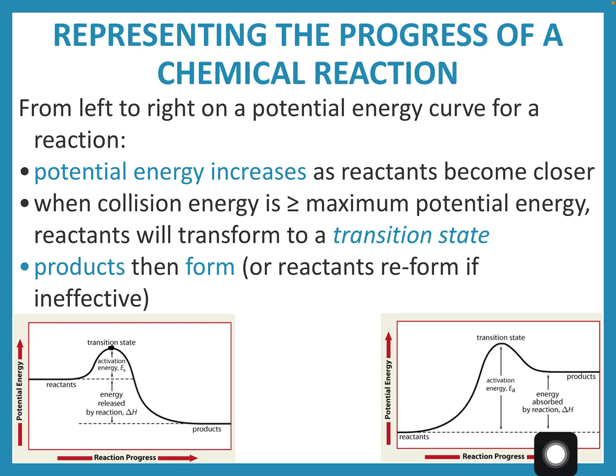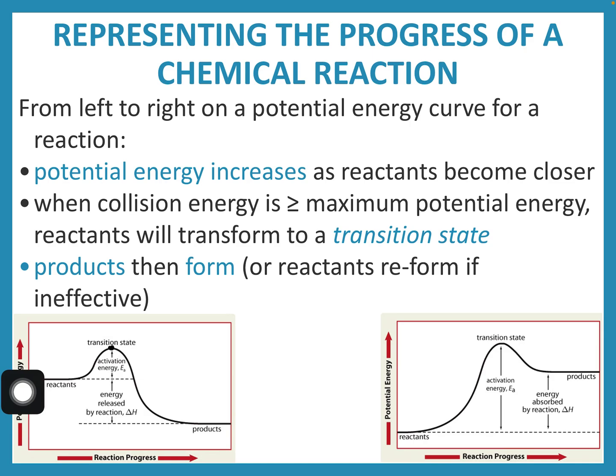In this case, the delta H is the difference between the products and the reactants. Here also, between products and reactants, the difference is that the activation energy here is the delta H plus the difference between products and the transition state, whereas here the activation energy is just this top section and the delta H is this section.